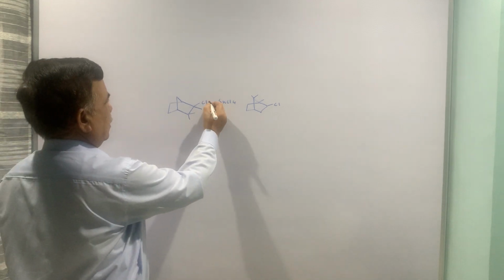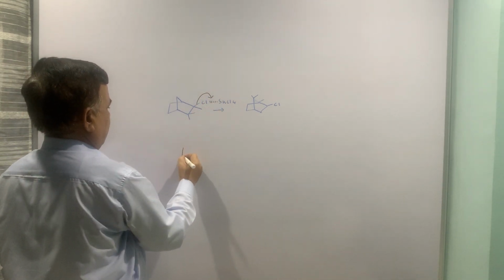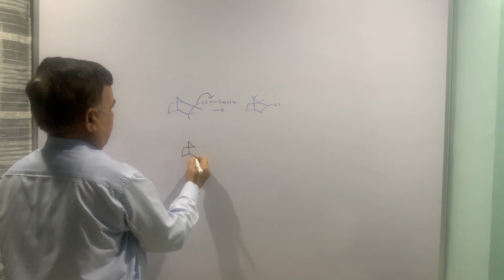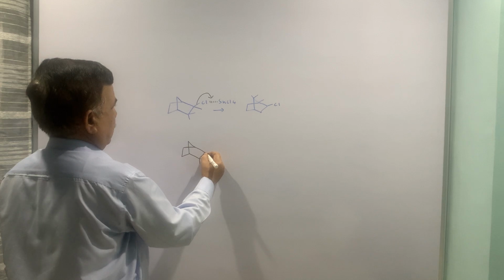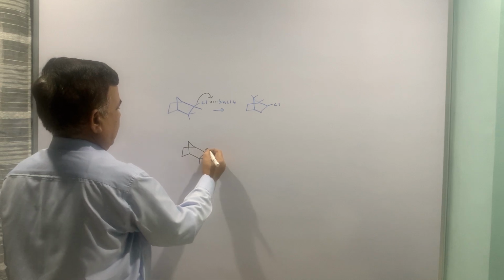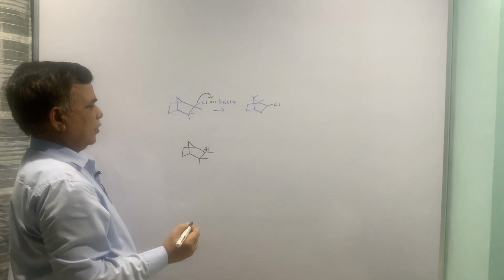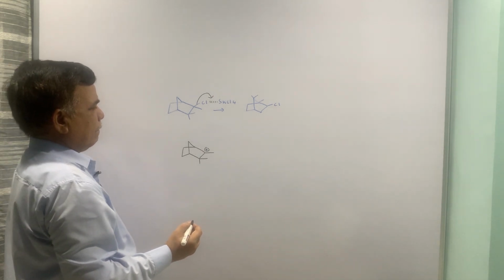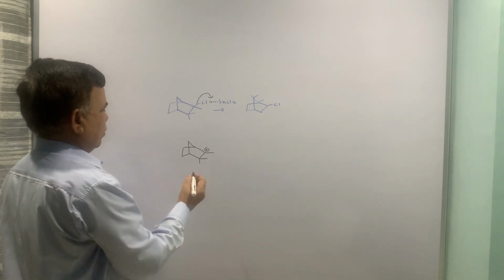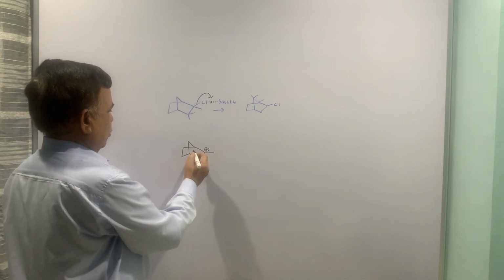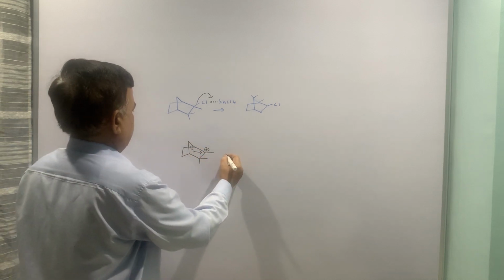So initially this will complete, that goes off, and you get positive charge here. Okay, then you have to shift this bond here.